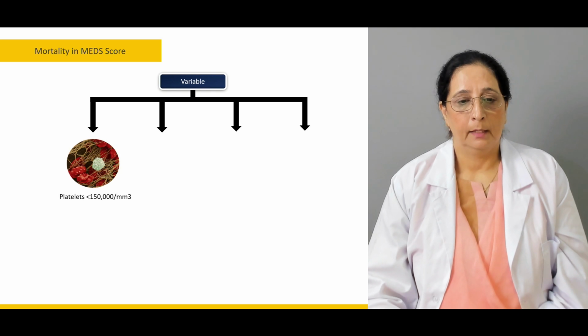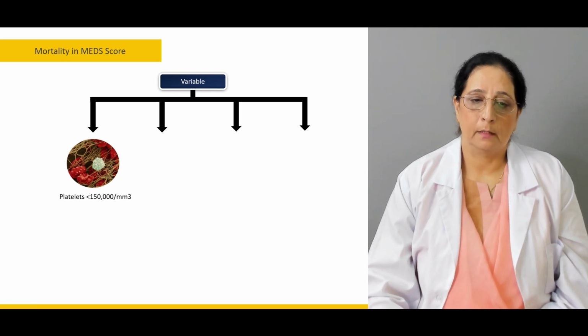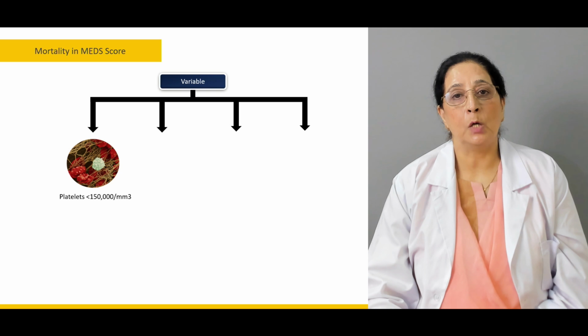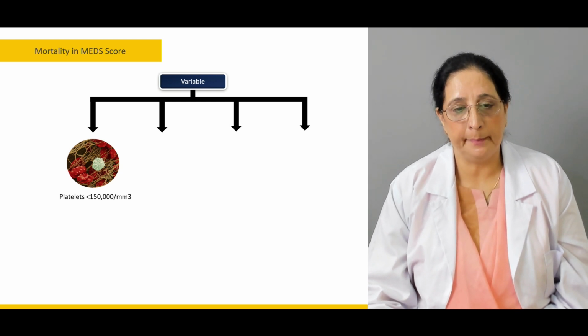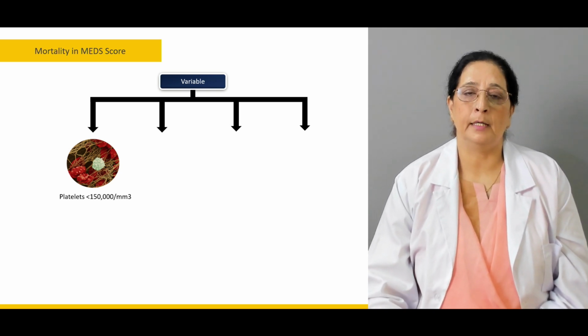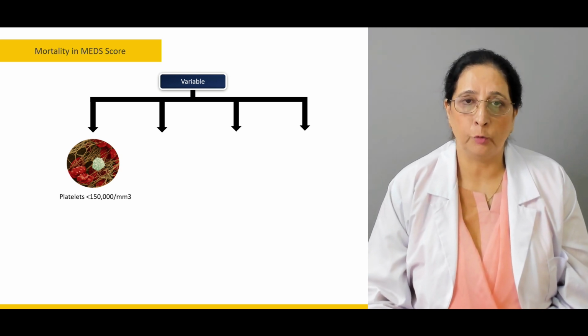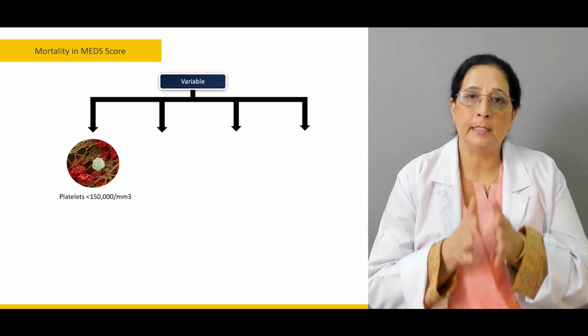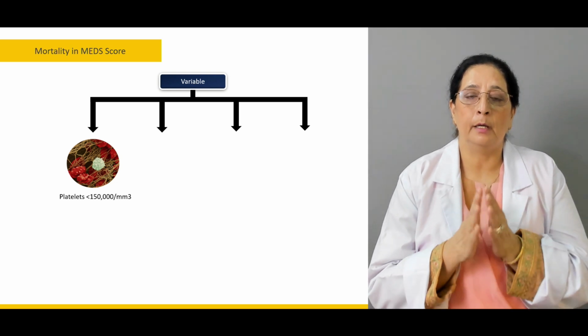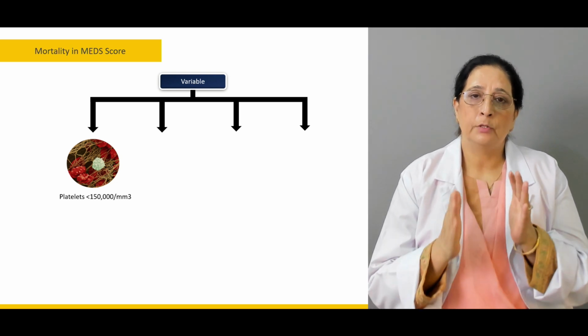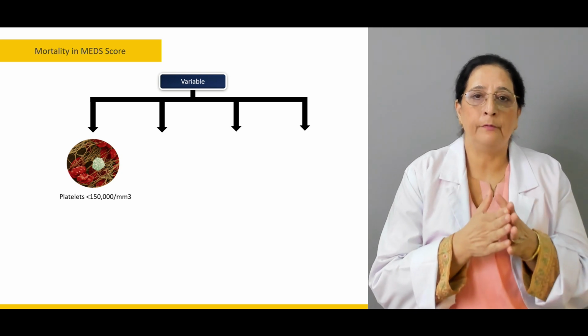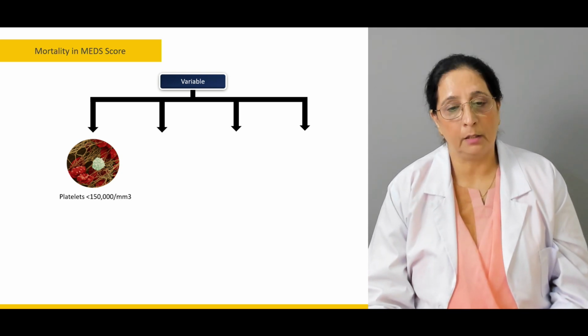Variables are platelet count less than 150,000 per cubic millimeter. If there is a low platelet count, we saw that there is thrombocytopenia, which is a decreased level of platelets. So if it's less than 150,000, that's not good.